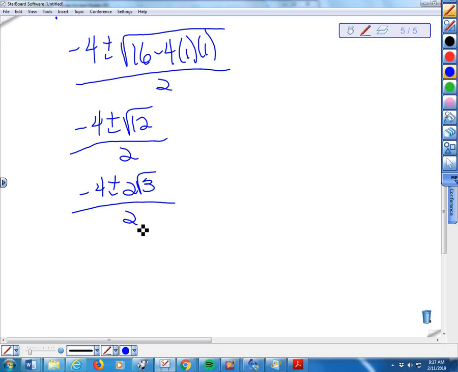So negative 4 over 2 is negative 2, and 2 square root of 3 over 2 is just the square root of 3. The 2 has to go into both to cancel out, though, not just one. Right. So my zeros now are 1, 1, 6, negative 2 plus or minus the square root of 3.